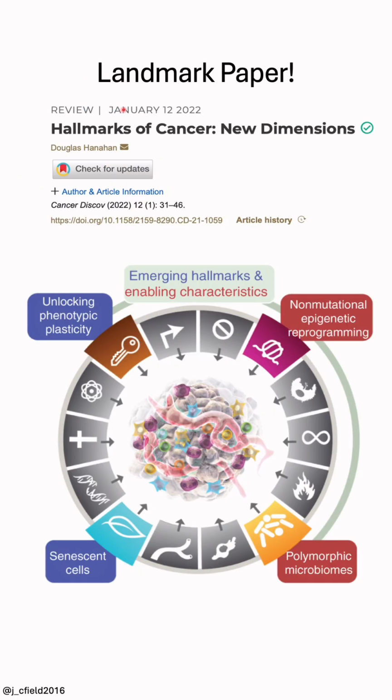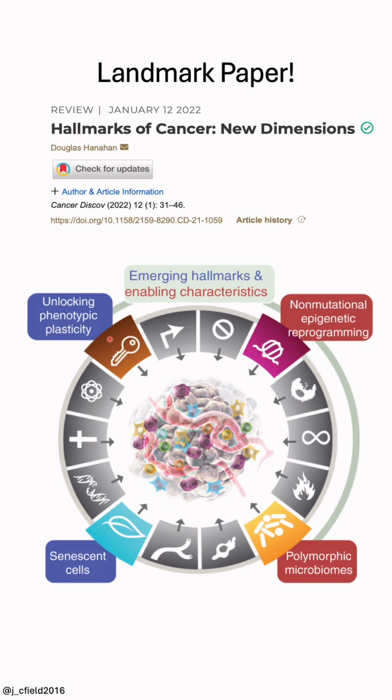Now, after 11 more years of research published in 2022 are the new dimensions of the hallmarks of cancer. And within that paper, the two once emerging hallmarks, this cellular metabolism reprogramming, as well as avoiding the immune system, are now part of the core 6, making them 8 hallmarks of cancer.